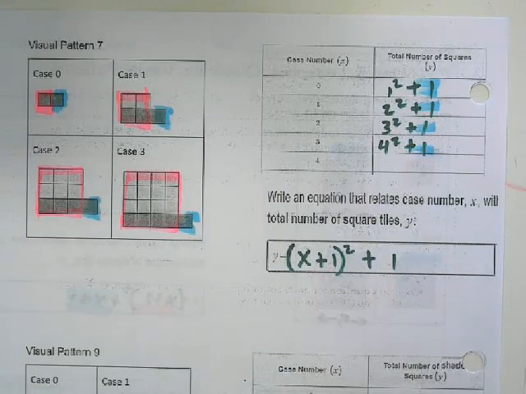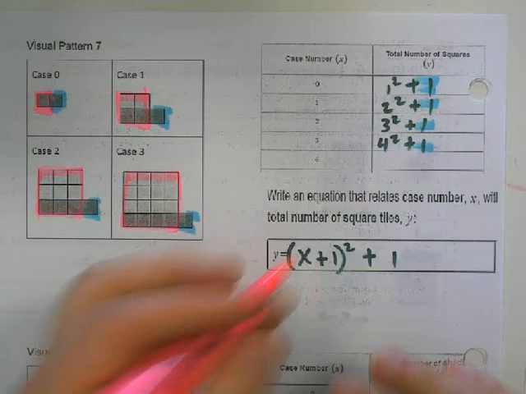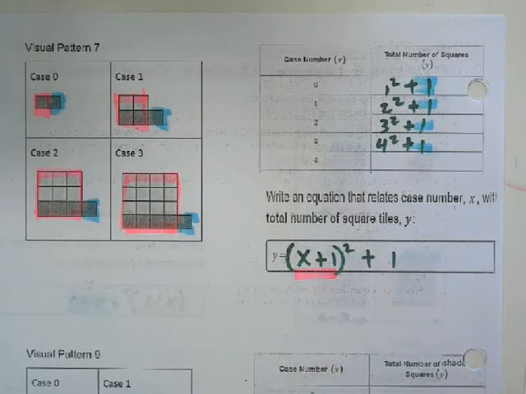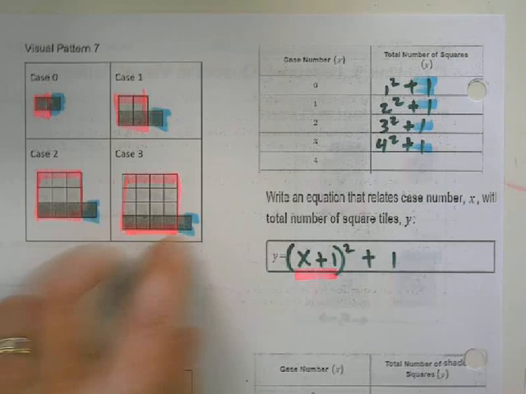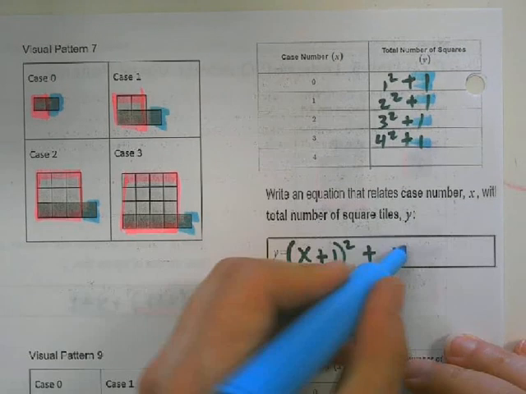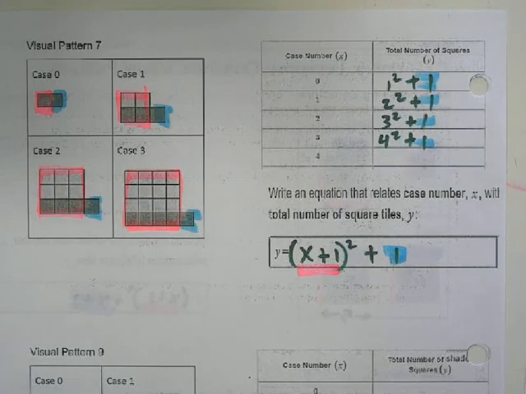So this length here, x plus 1, tells us how wide the width and the height of the square will be. Okay. And then the plus 1 is a little blue guy. Okay. You might want to use highlighters if you're unsure of how to do this. Listen to this again, hit rewind, play it as many times as you need.